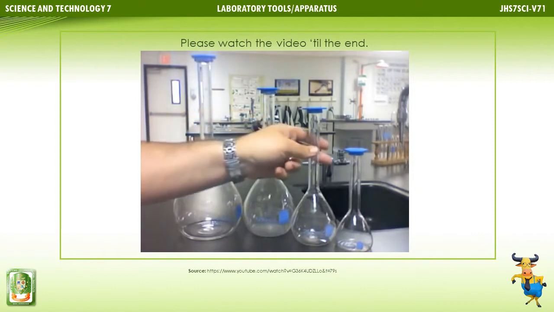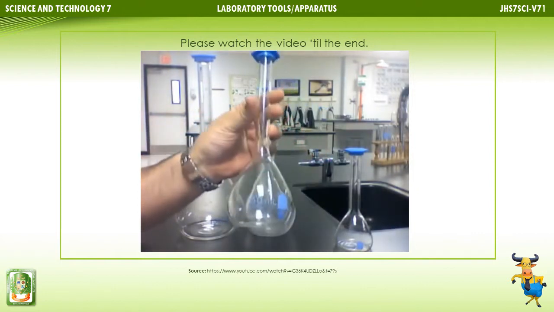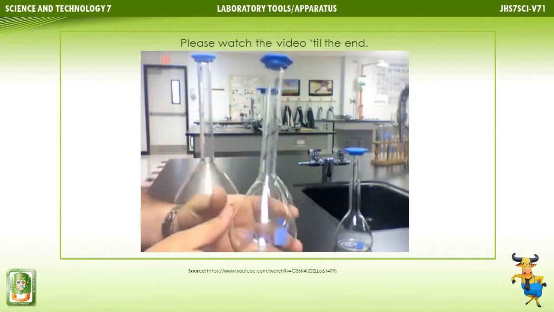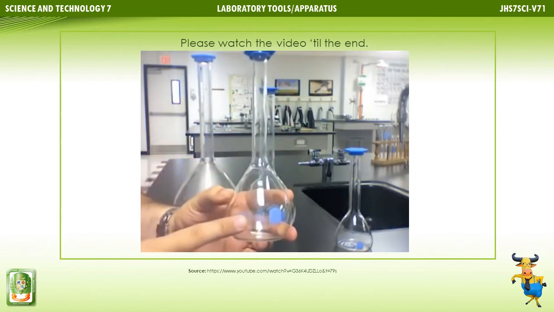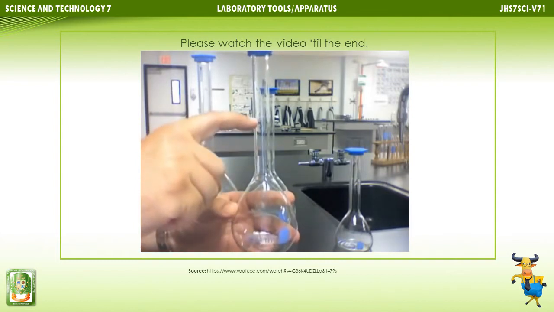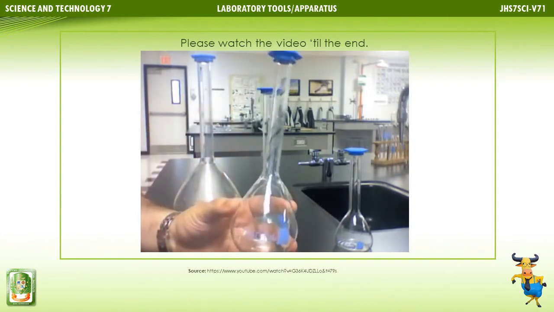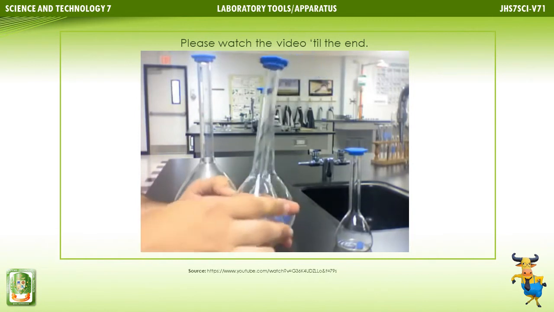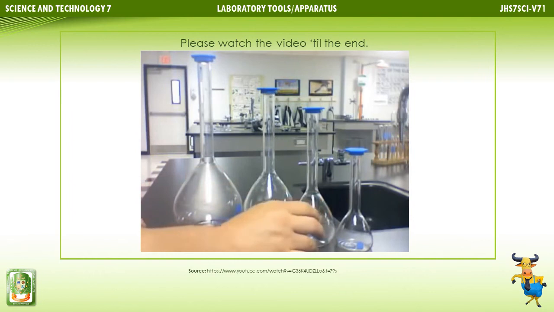Well, we would use this one to make exactly 250 milliliters of a solution by measuring out the right amount of a solid in there and then dissolving it in water and adding the water up to that line, and it would make exactly the concentration of solution that you want. Again, these are volumetric flasks.